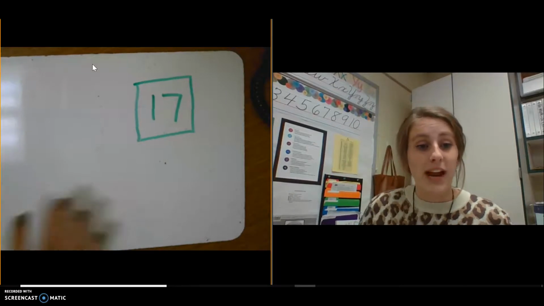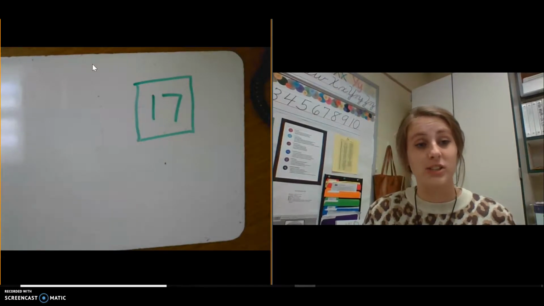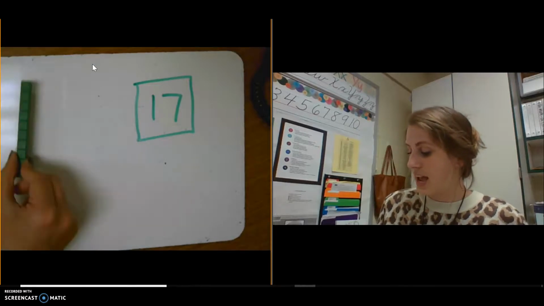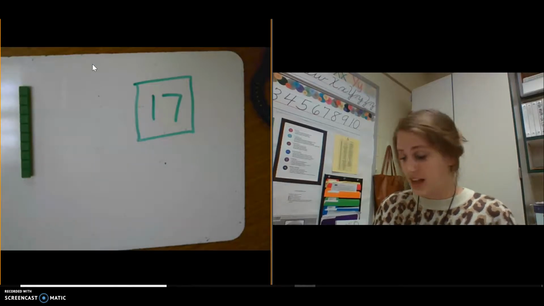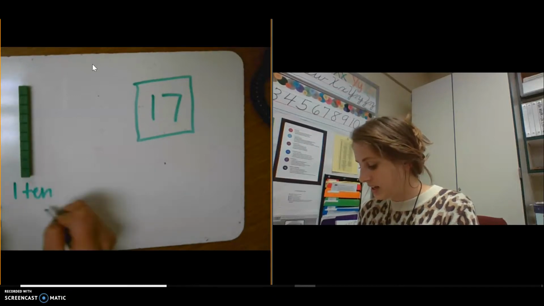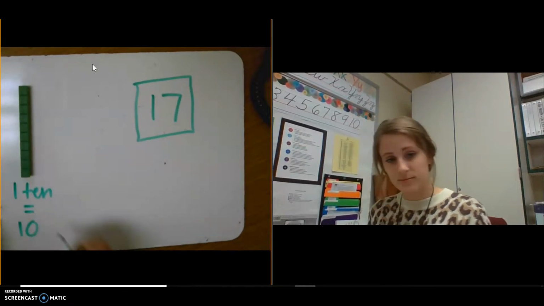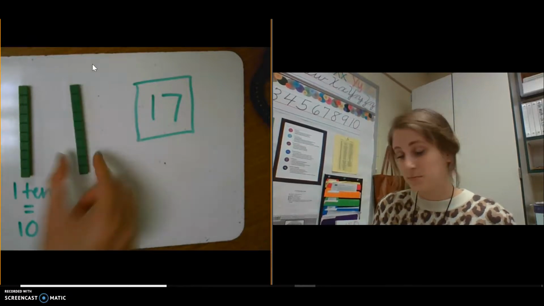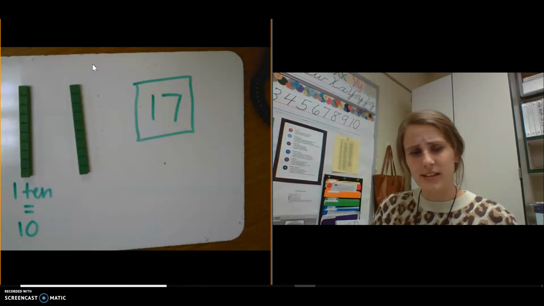So I know that I cannot show it by just using 10 sticks, right? Because if I have just 10, we know 1 10 stick equals 10. So if I put a second 10 stick on, can that equal 17?